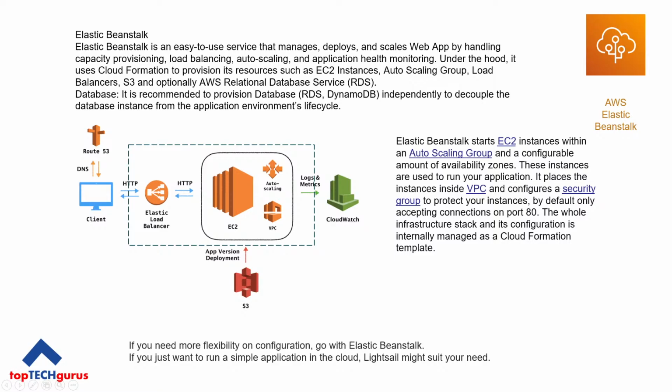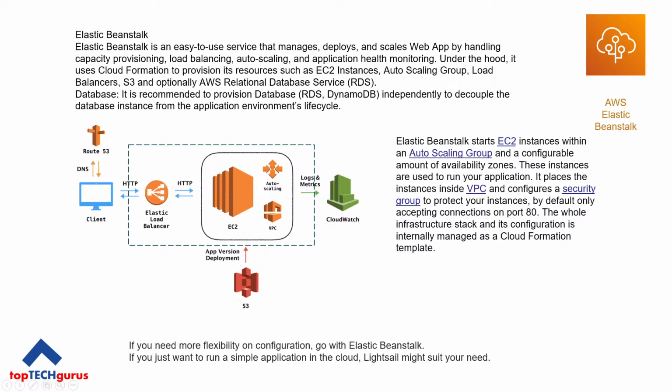So essentially, under the hood, when you implement an Elastic Beanstalk service, it takes care of everything under it. It uses CloudFormation to provision the resources. That is, it does the EC2 instance, auto scaling group, and load balancers.